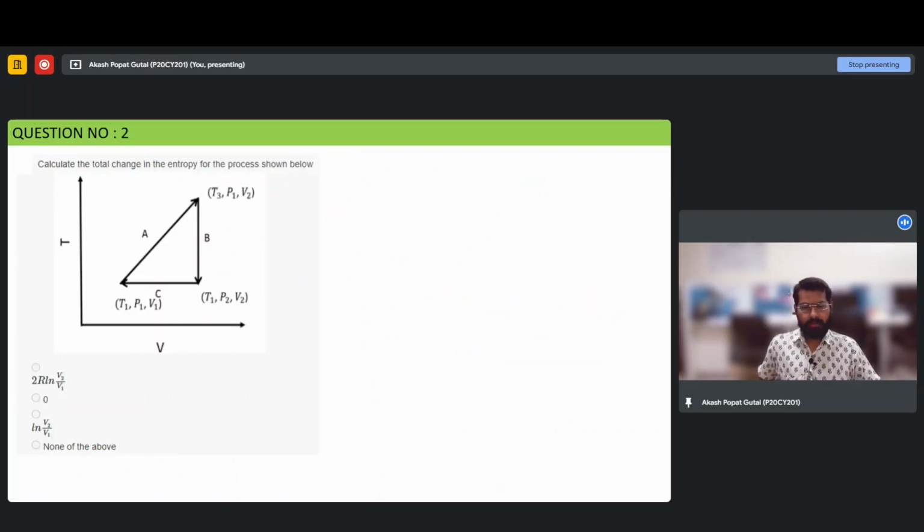So here is the next, second question. The question goes like this: calculate the total change in the entropy for the process shown below. There is a T versus V diagram, and the cyclic process is given. We need to find out the total change in the entropy.